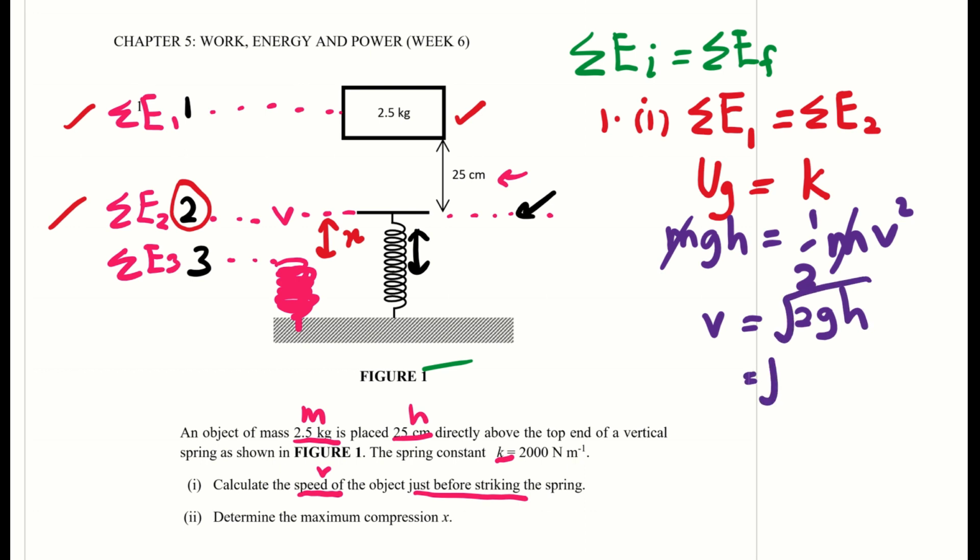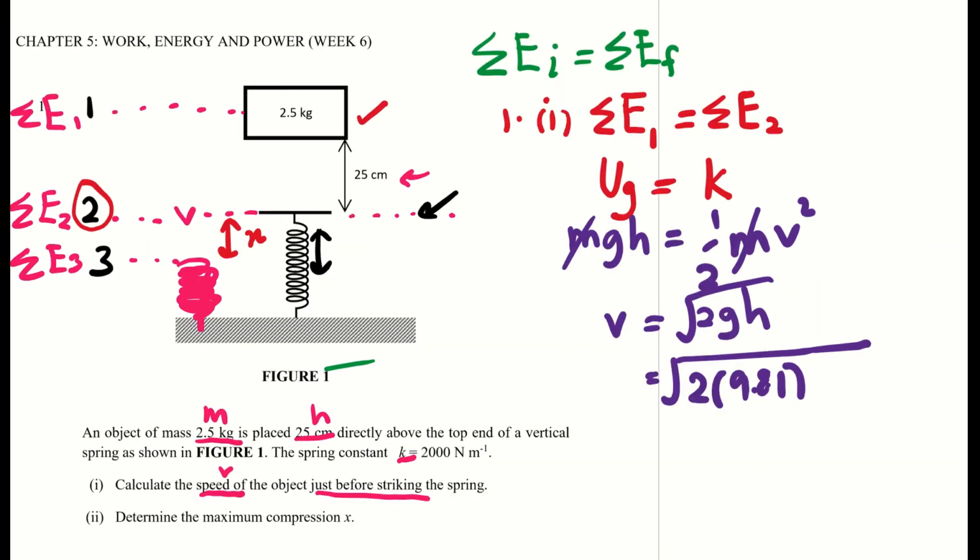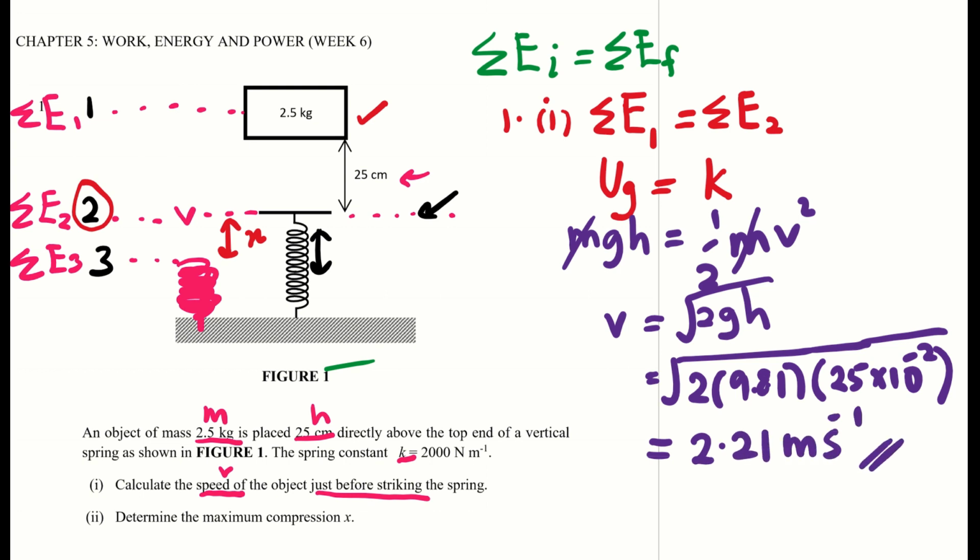Now you substitute the values: 9.81, and for the height, please remember, class, we need to use SI units, so we write 25 times 10 to the minus 2. The answer that you're supposed to get is 2.21 meters per second.